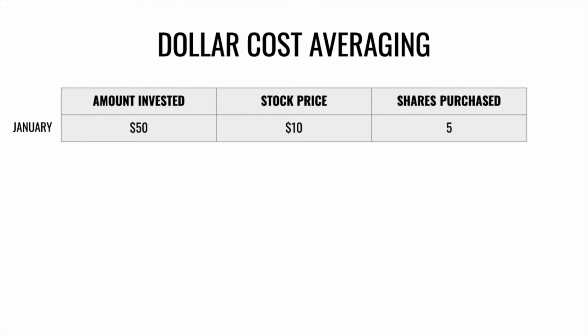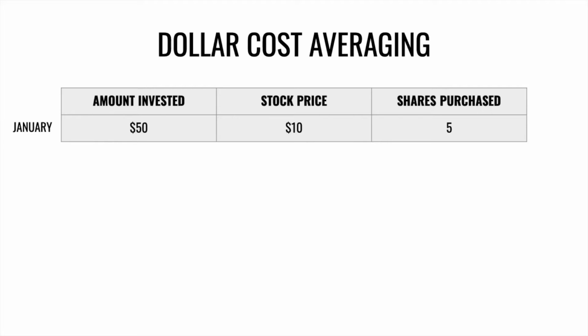Let's say it's January, and stock XYZ on January 1st is priced at $10. By the time April comes around, I want to have all my $200 invested into the stock. So that's 4 months, January through April. 200 divided by 4 is $50.